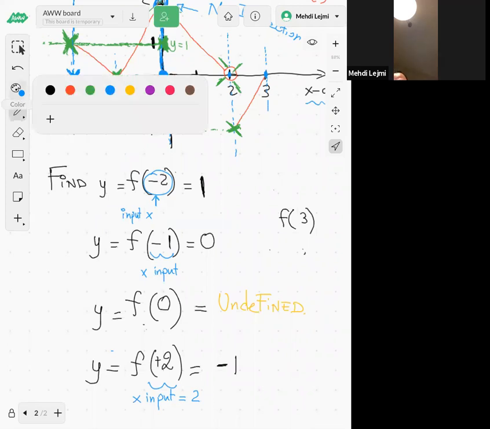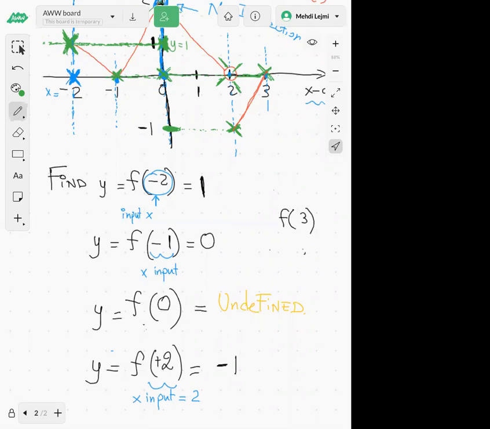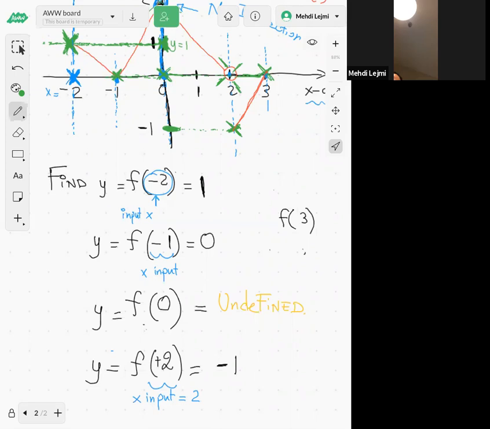Well, the graph goes from here to here, so we have an intersection at the same point. To find the output, you use a horizontal line and go to the y-axis, and the y would be 0. So f of positive pi would be 0.